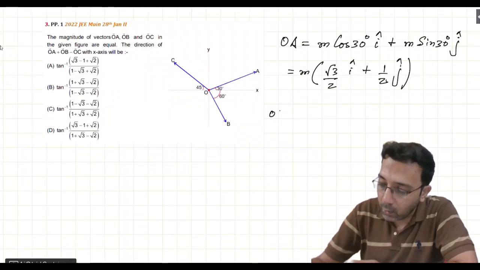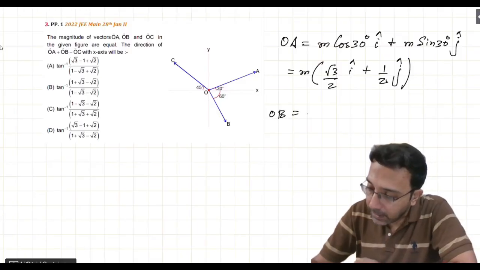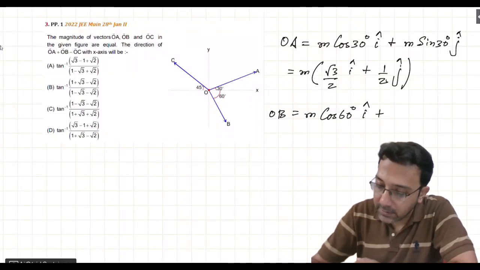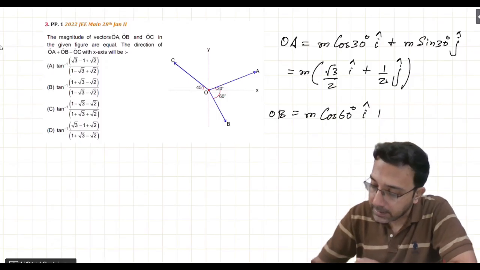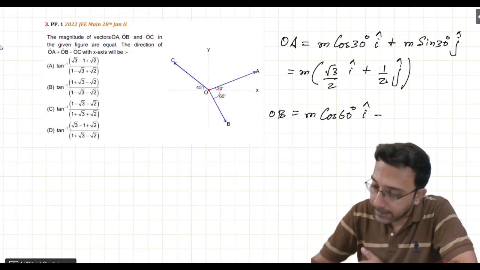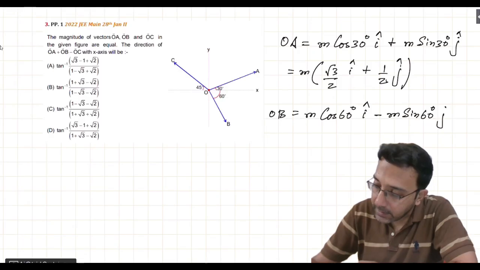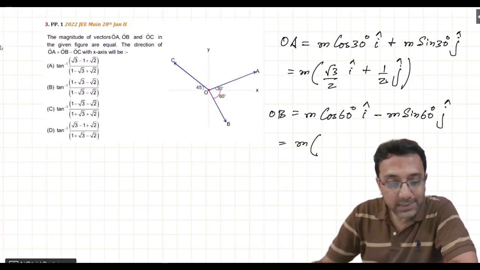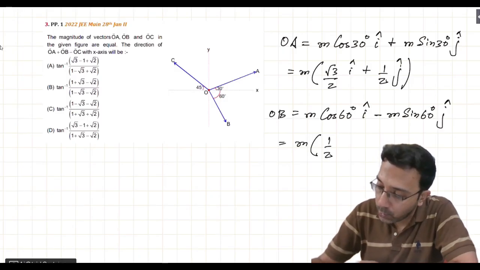Similarly OB can be written as m cos 60 degree i, positive x-axis, and this will be minus because the y component will be in the negative y-axis, that is why minus m sin 60 degree j. If I take m common, cos 60 degree is 1 by 2 i minus root 3 by 2 j.